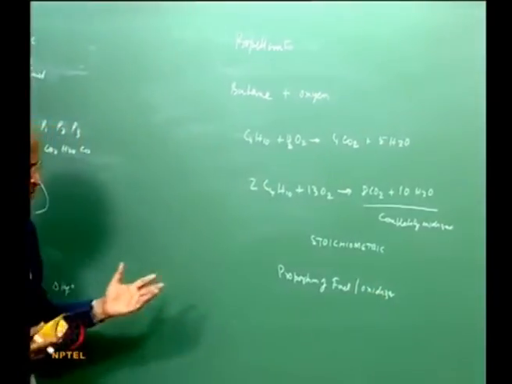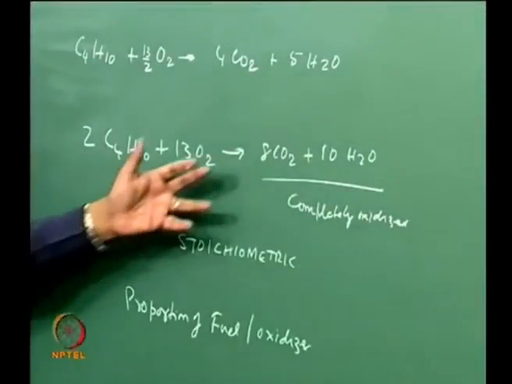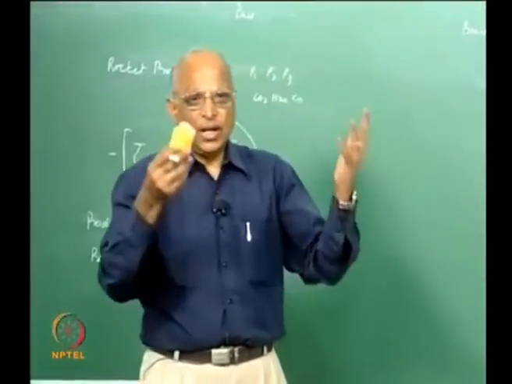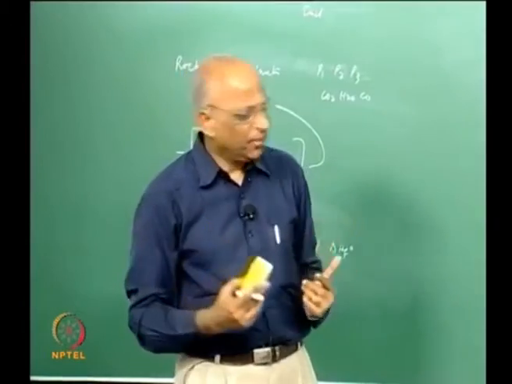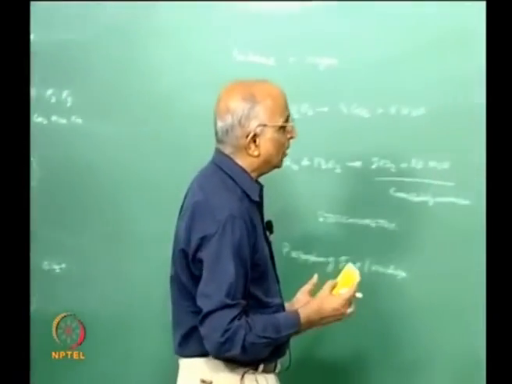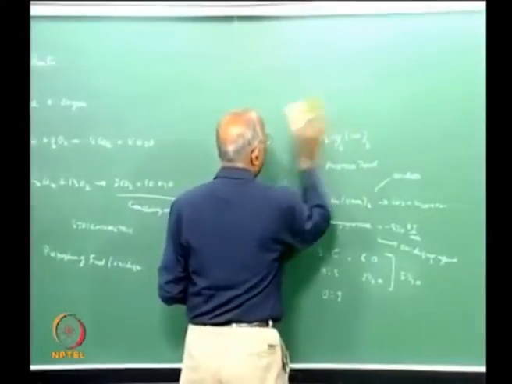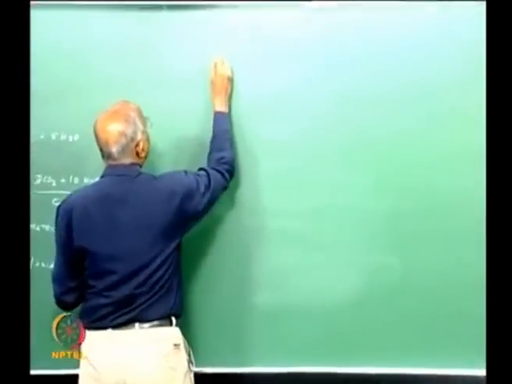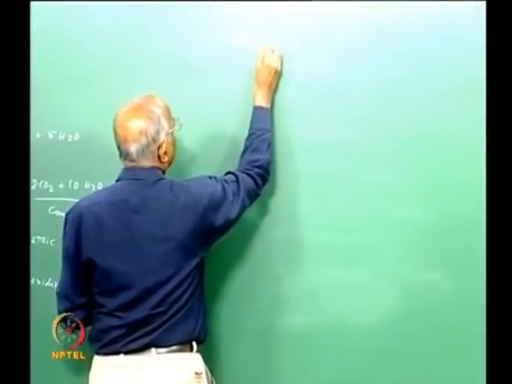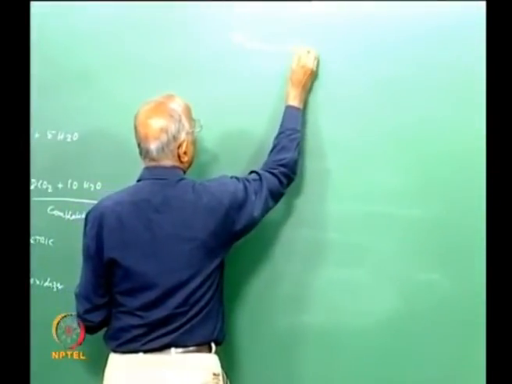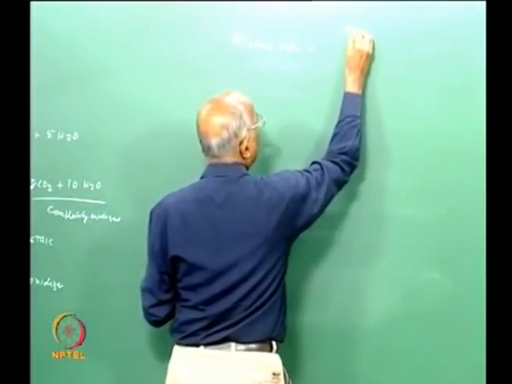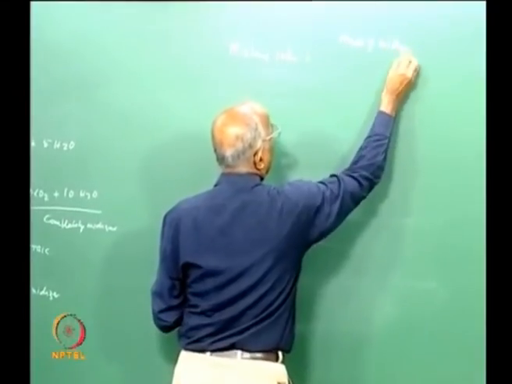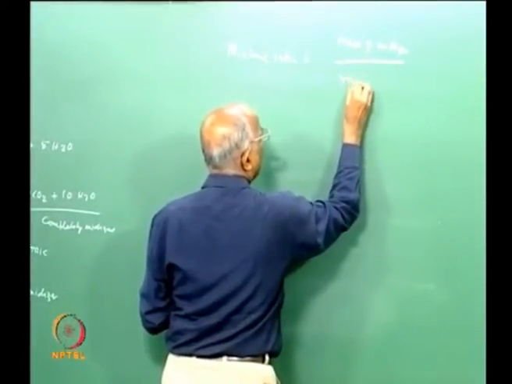When we studied the subject of combustion, we talked in terms of equivalence ratio, fuel air ratio, and we said equivalence ratio is fuel air divided by fuel air under stoichiometry. But in rocket parlance, or the terminology used in rockets, we use the word mixture ratio, and mixture ratio is defined as mass of oxidizer divided by mass of fuel in a chemical reaction.